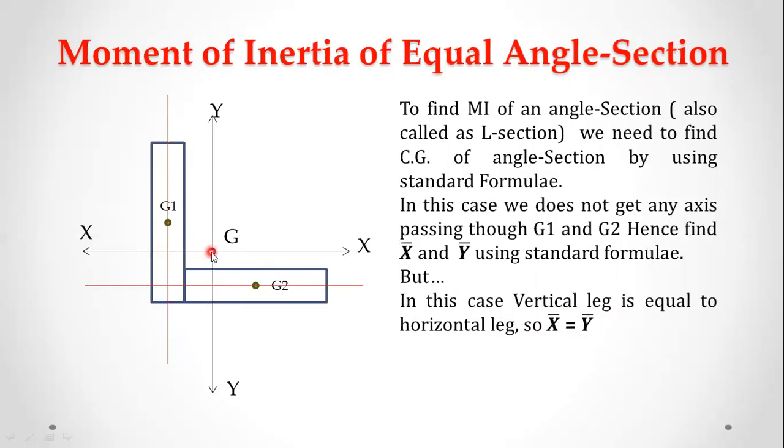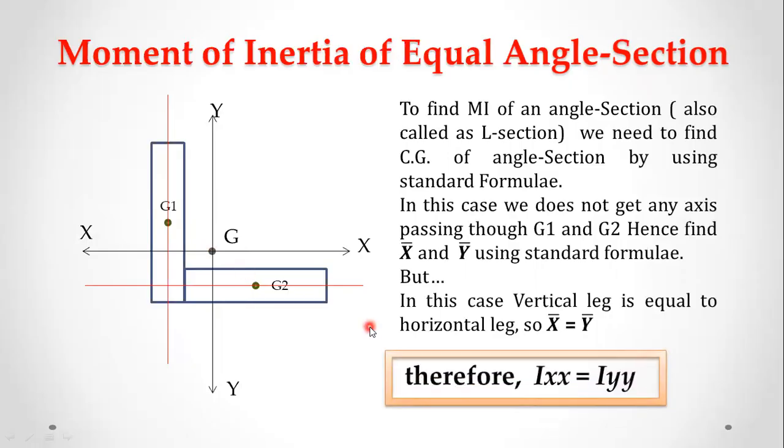Both distances of the centroid from both axes are the same. That's why Ixx will be equal to Iyy. That means the moment of inertia of the equal angle section about the x-axis is equal to the moment of inertia of the equal angle section about the y-axis.